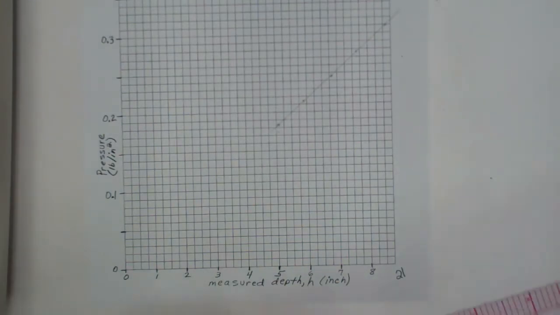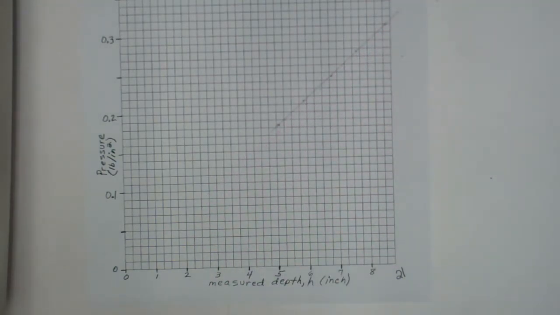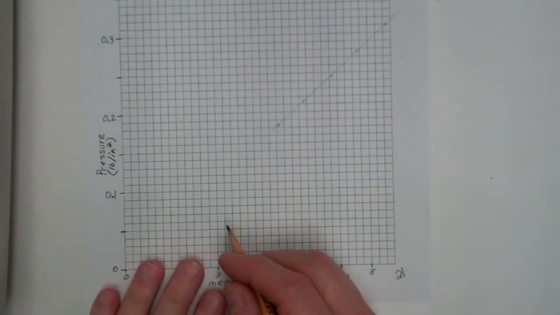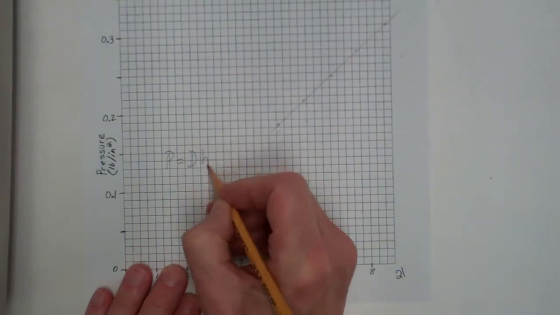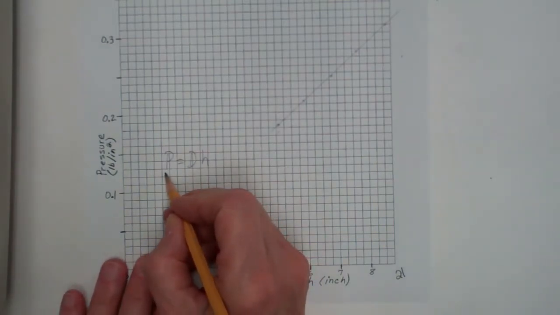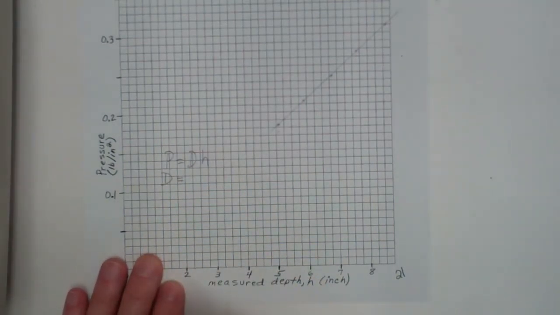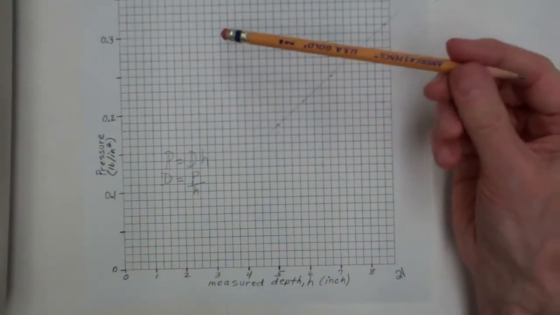And I've gone ahead and with a clear straight edge drawn a best fit line, and so now what we're going to do is calculate the slope of this line on the graph. Using the fluid pressure equation, we know fluid pressure is density times depth, and if we solve this equation for density, that's equal to fluid pressure divided by depth, and that's what you're seeing on this graph.